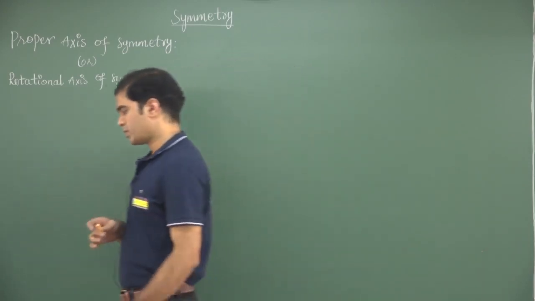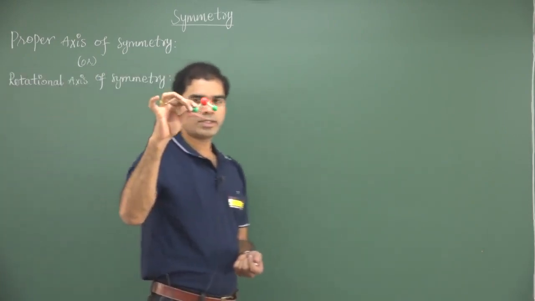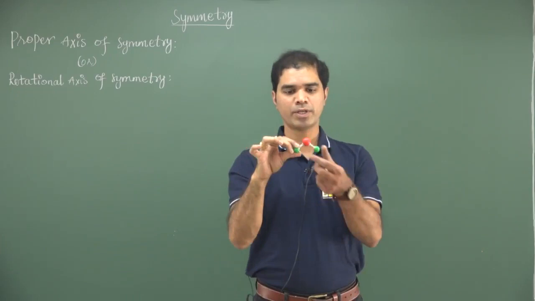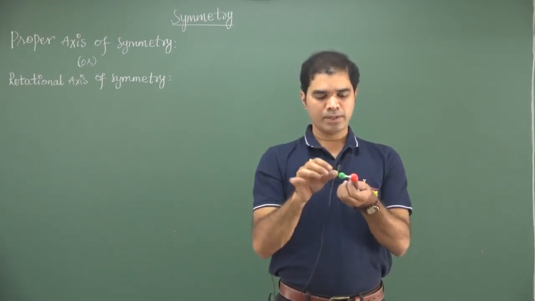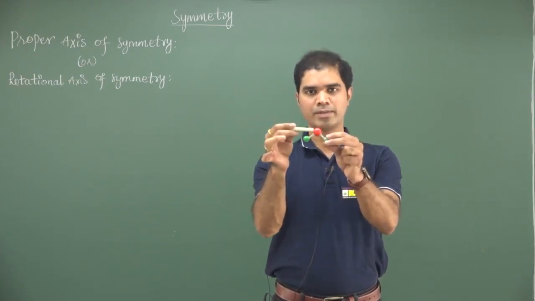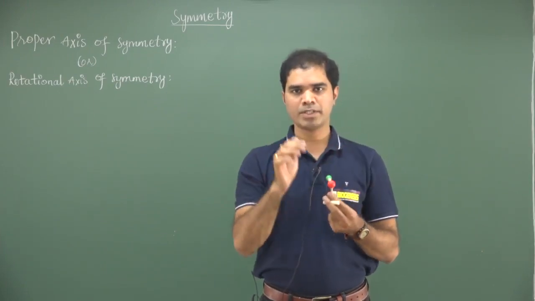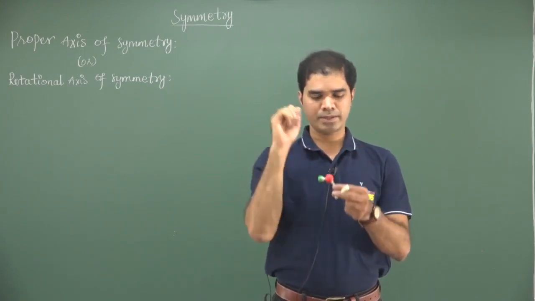For example, if I choose the water molecule, supposing that this is a molecular model for water, oxygen and 2 hydrogens. If I try to pass a rotational axis through y, remember the conventional axes are x, y and z.